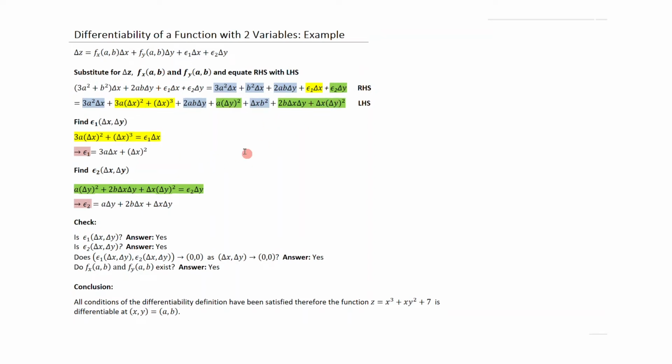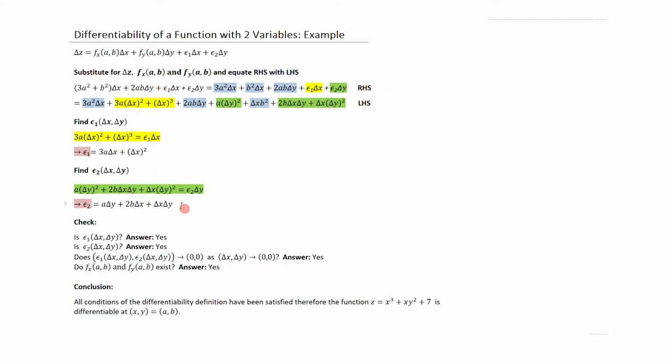And so from this we can extract the fact that 3a delta x squared plus delta x cubed can be written also as some epsilon 1 times delta x, from which we can compute epsilon 1. And notice it's a function of delta x. We can do similarly for epsilon 2, where we equate epsilon 2 delta y with the terms only involving delta y, and simplifying by dividing through by delta y, we find that this epsilon 2 is a function of both delta x and delta y.